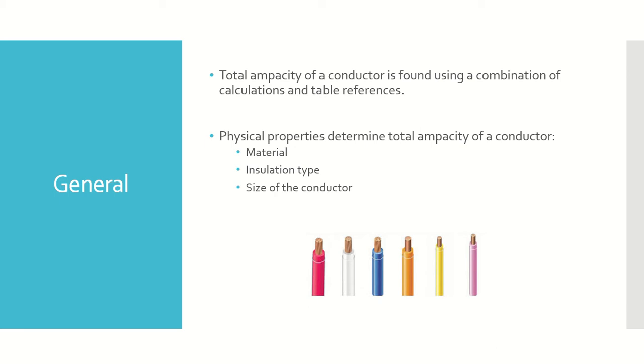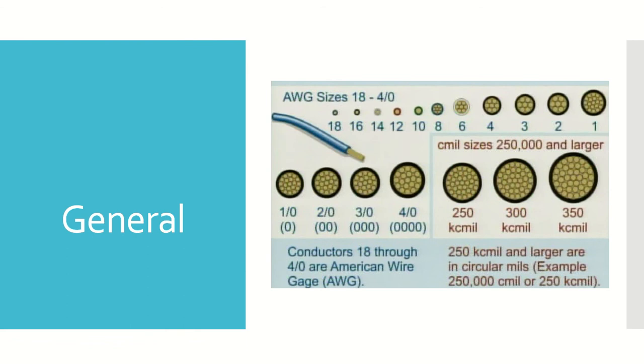The material, insulation, and size of a conductor, they play an important role when determining total ampacity of a conductor. You guys know, obviously, as our conductor is larger, it's able to handle more current. And as that wire is smaller, obviously less amount of current. We will use NEC tables to determine the total ampacity of a conductor.